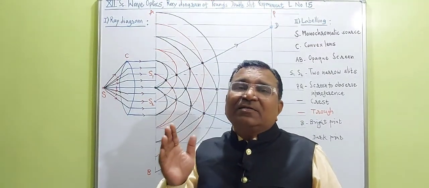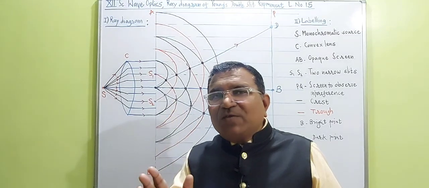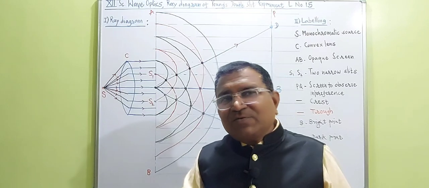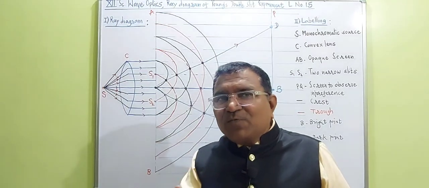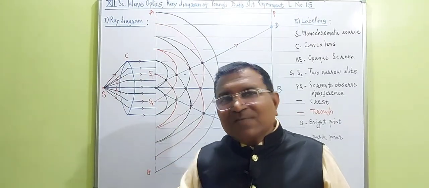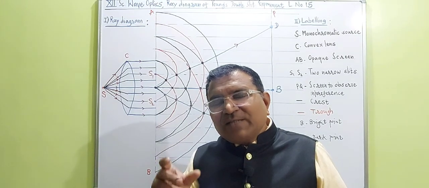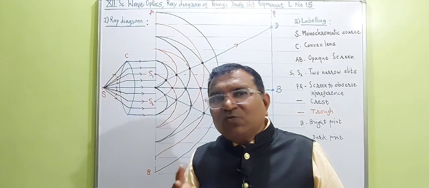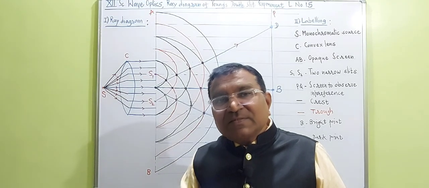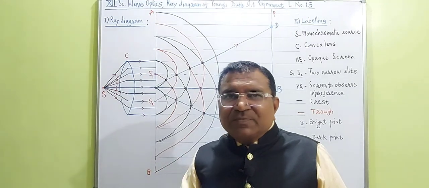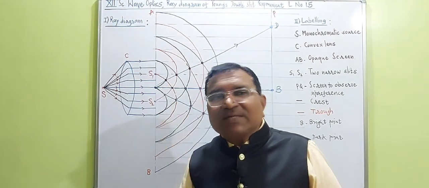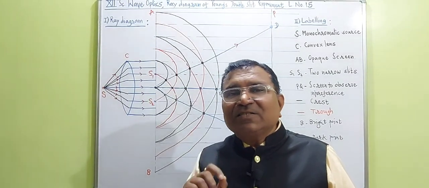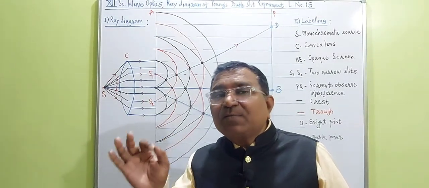But when the crest of one wave meets the crest of another wave, or the trough of one wave meets the trough of another wave, the two waves are in the same phase. Intensity is maximum, resultant displacement is maximum, and under a certain condition we get a bright point.